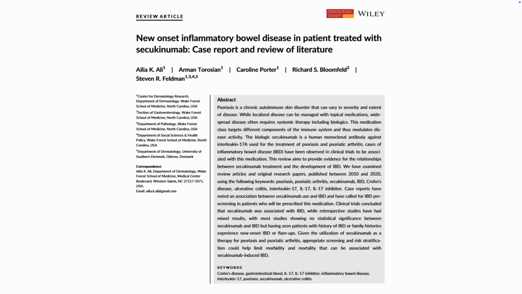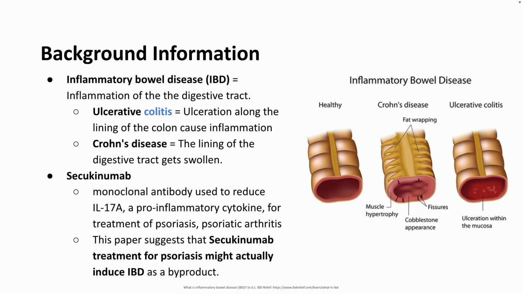So some background information. Inflammatory bowel disease, in short IBD, is a group of diseases that refer to inflammation of the digestive tract. Two main types are ulcerative colitis and Crohn's disease. Colitis is colon plus itis, inflammation of the colon.